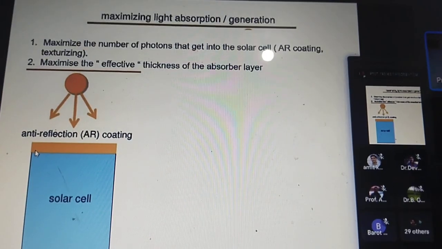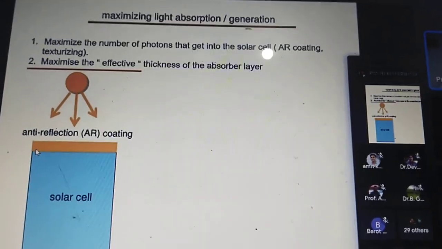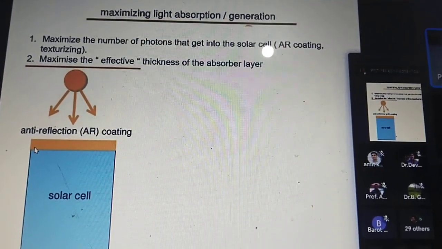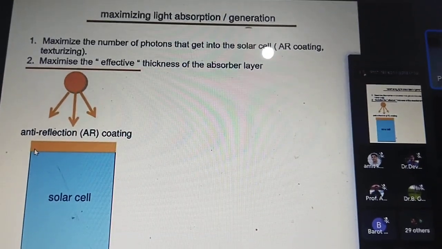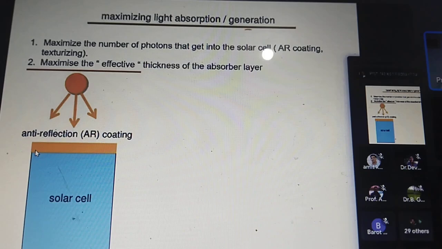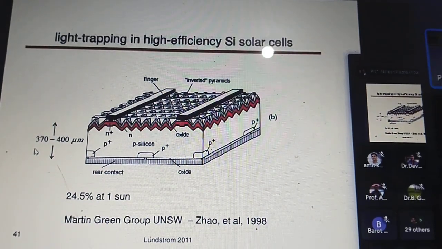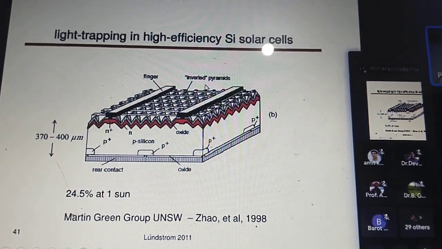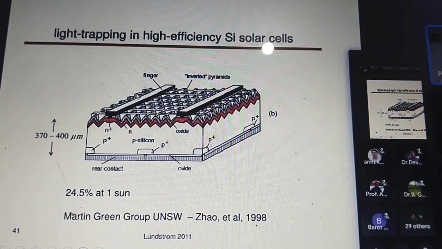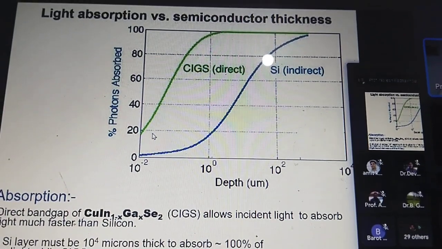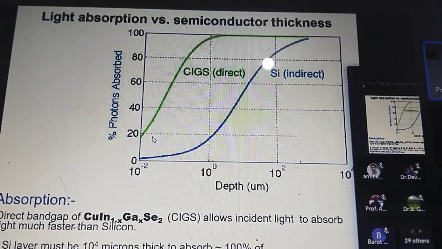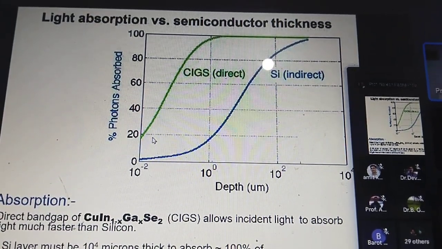And texturing so that surface area is increased. And thickness of the absorber layer is also maximized so that more and more photons are captured. So you see this inverted pyramids type structure and fingers like this have been used to enhance the efficiency. This is one more thing. When we talk about flexible solar cells, you know what happens.